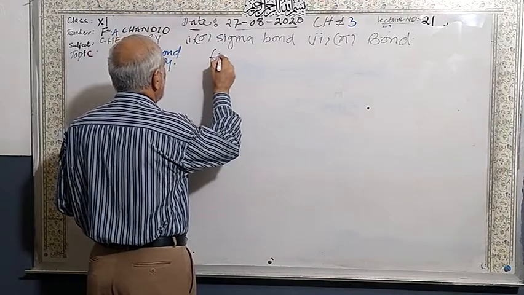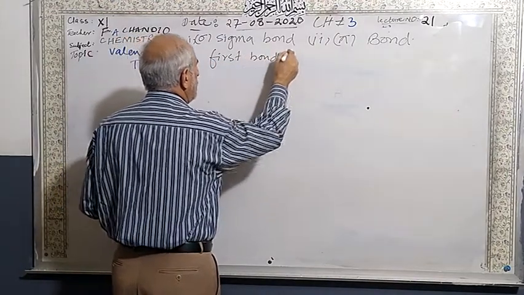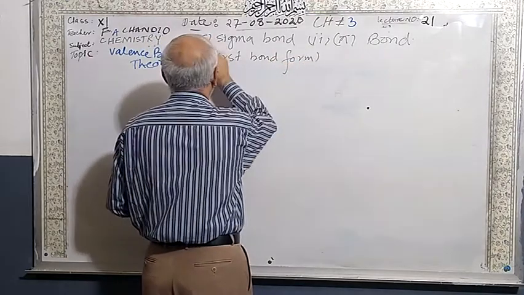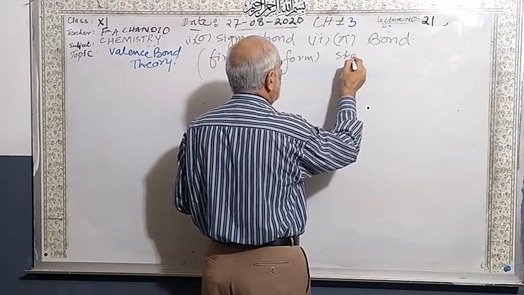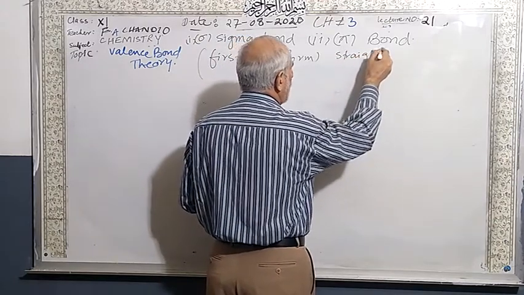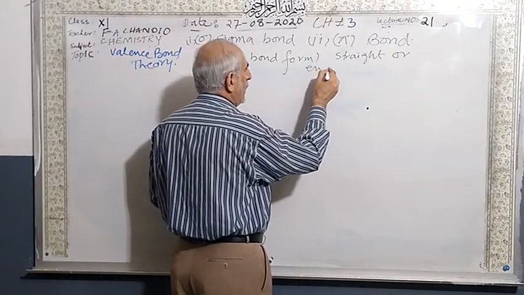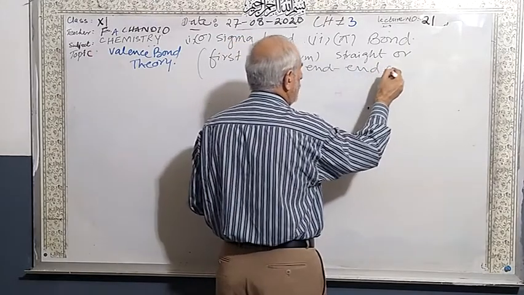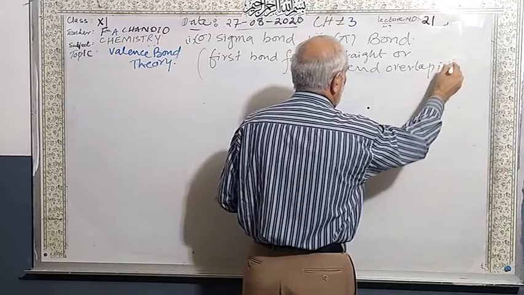The first ever bond formed is called a sigma bond. There will be a straight or end overlapping.